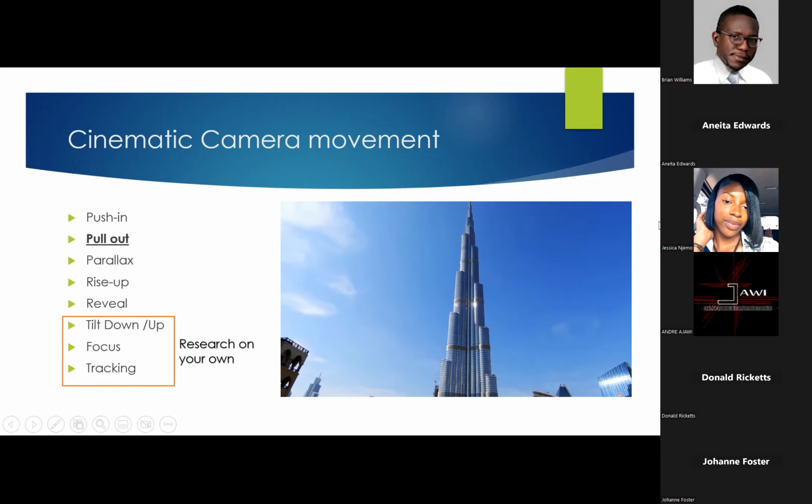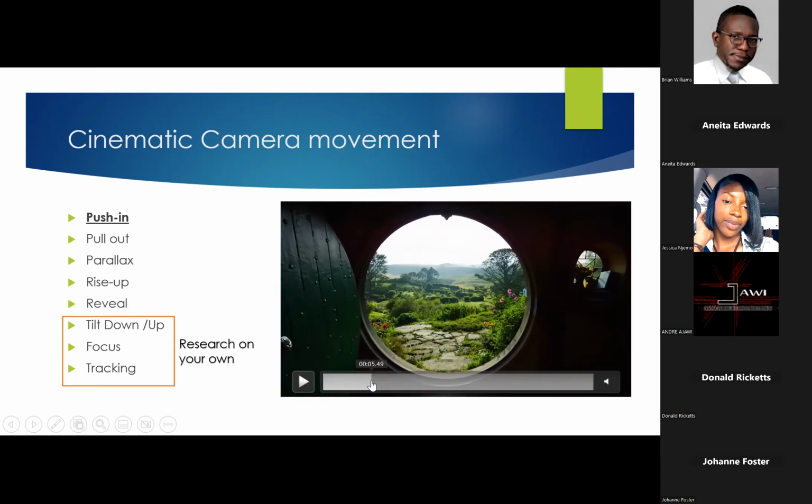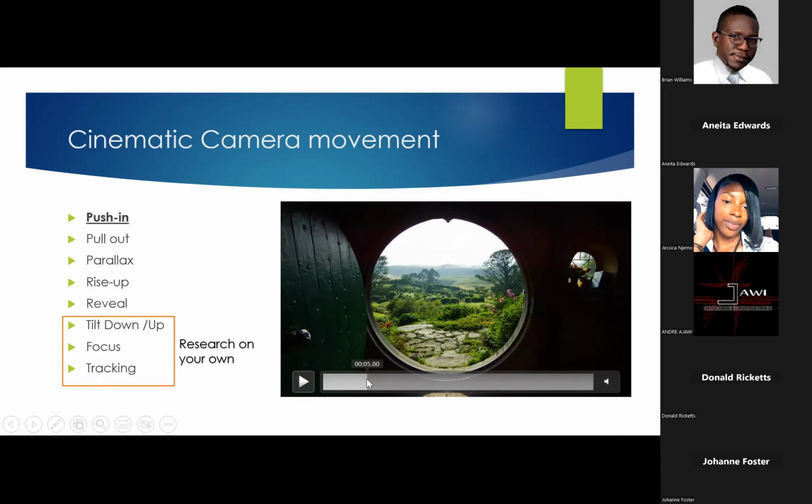I want you guys to tell me, this one that you see on screen here, now this is a cinematic camera movement in combination with what rules of composition? So take a look at it and tell me. Framing.